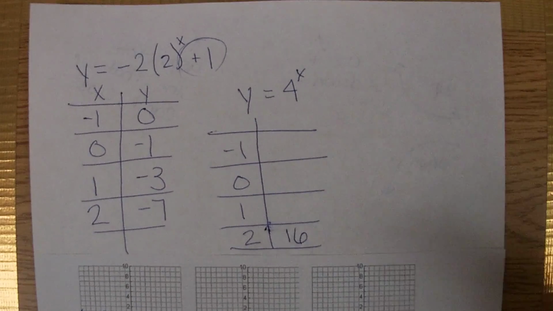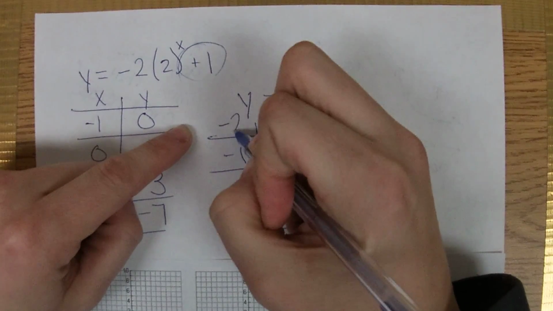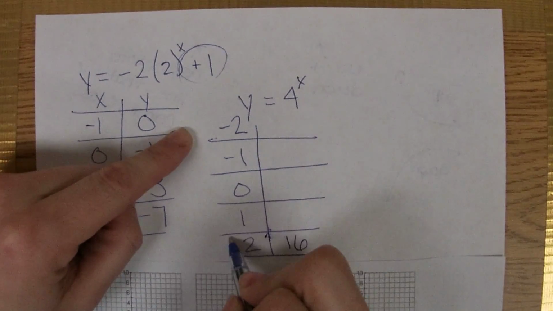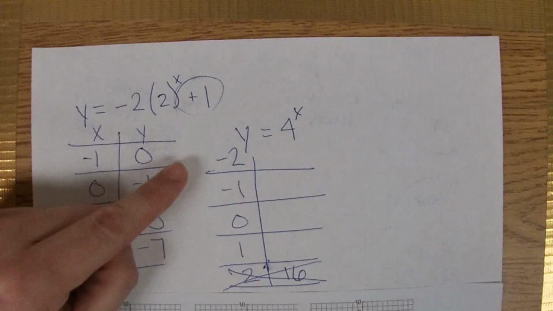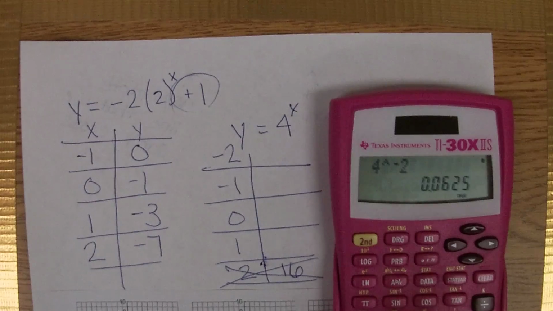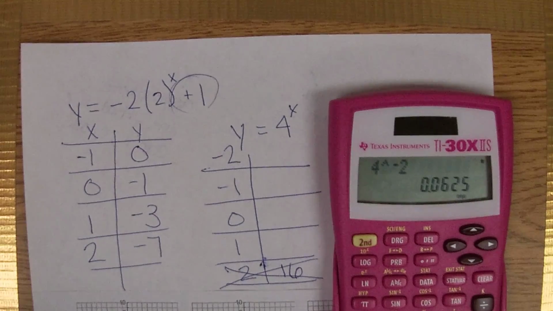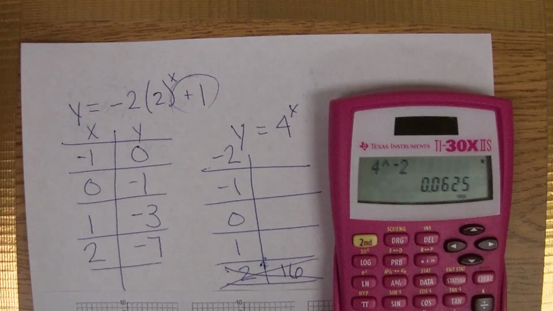So just like we did in our functions unit, we just want to take this to a smaller number. So don't use 2, plug in -2. But of course, as soon as we do that, we start getting weird decimals. That's okay. You're just going to have to approximate and do the best you can.